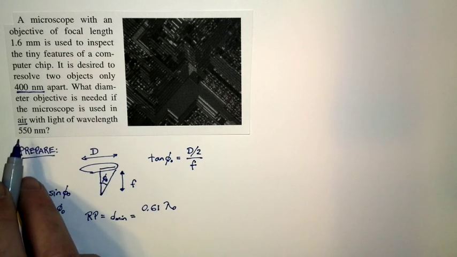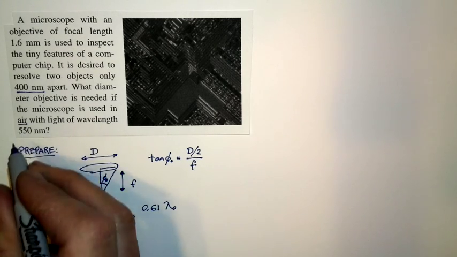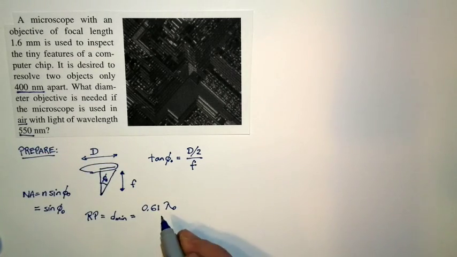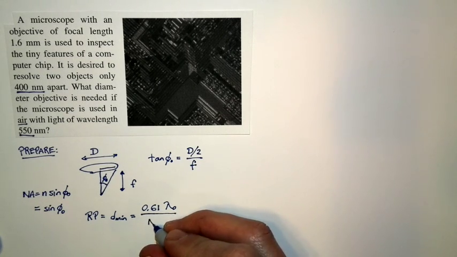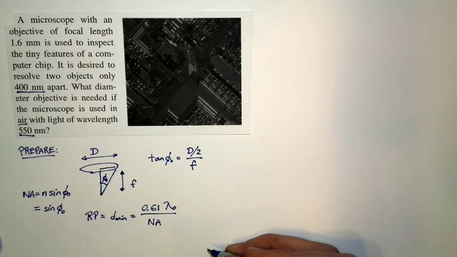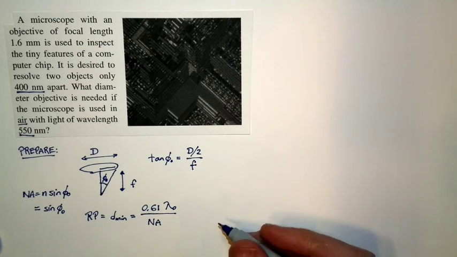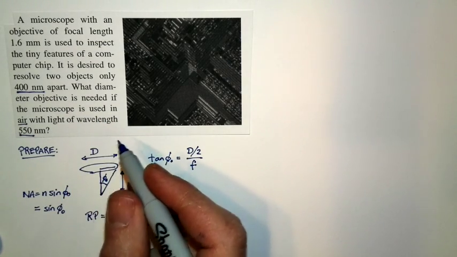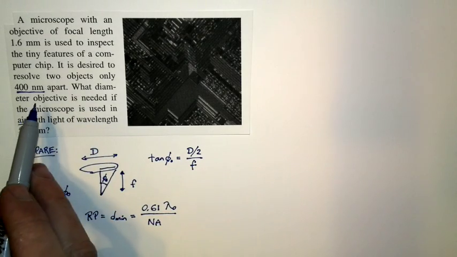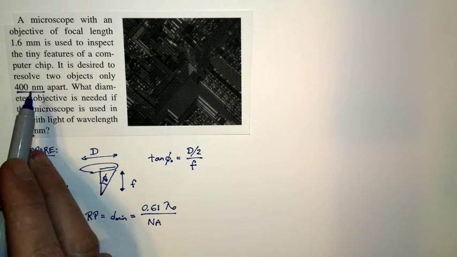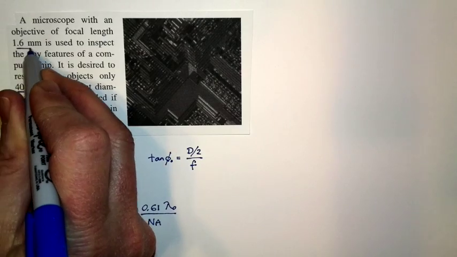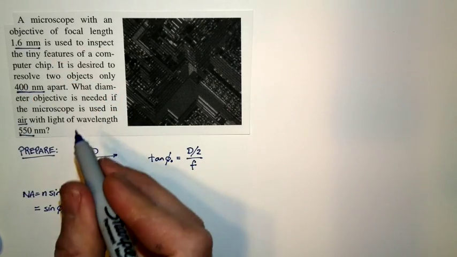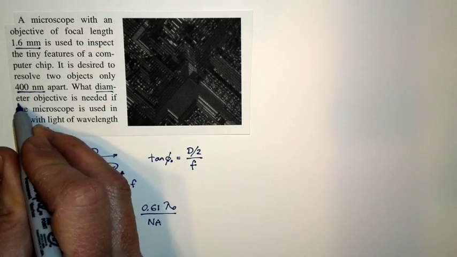But the wavelength in vacuum is the same as the wavelength in air, and that's 550 nanometers, so we can just use that, divided by the numerical aperture. So we're asked this. We want to resolve objects that are 400 nanometers apart with a lens of 1.6 millimeter focal length. We need to know what diameter the lens has to have.